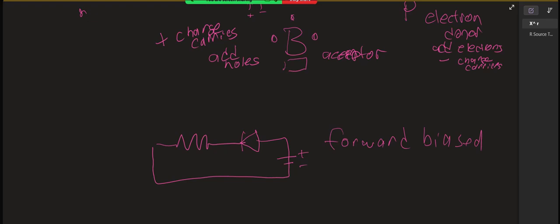And that means the current can go in this direction, and it does. If I had it the other way, that is said to be reverse biased, and very little current flows.